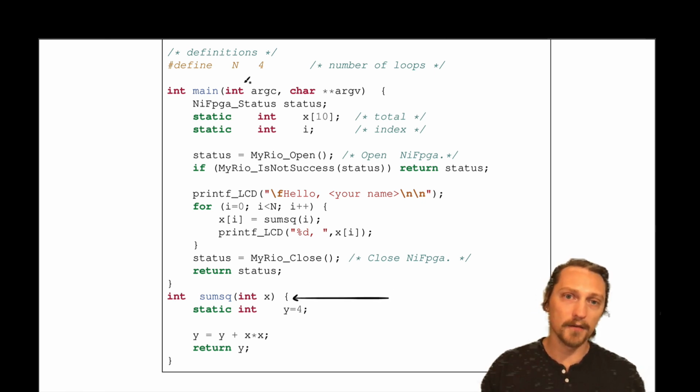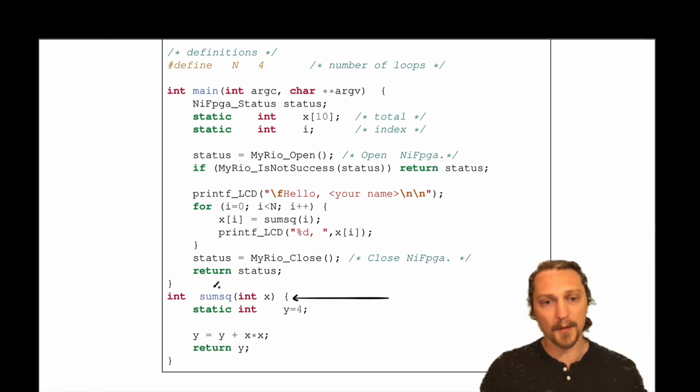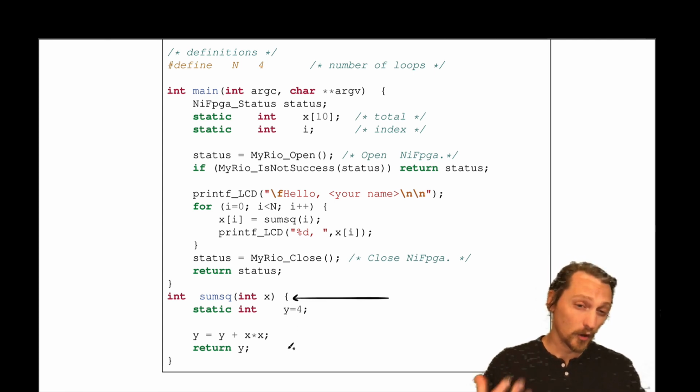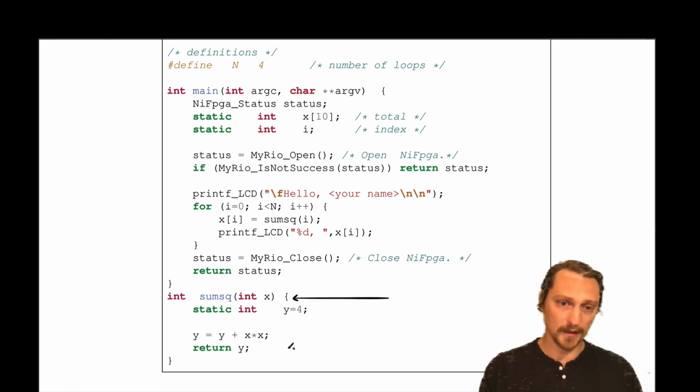Your main function is what will always be executed, and then any sub functions can be listed below the main. So sum square, sumsq, is here, and what it does is it takes in an integer x, and it takes this static integer that is sort of like a global variable, and we'll talk more about static variables, which gets initialized to y equals 4 the first time this gets called.